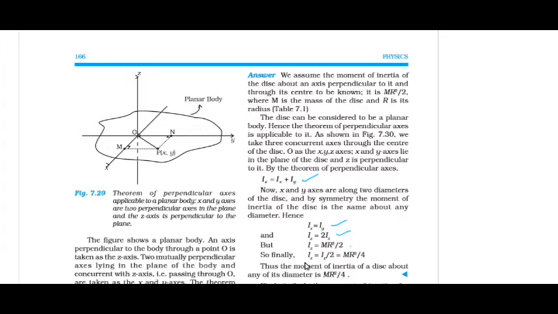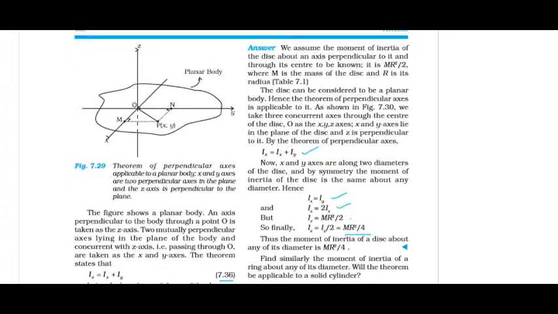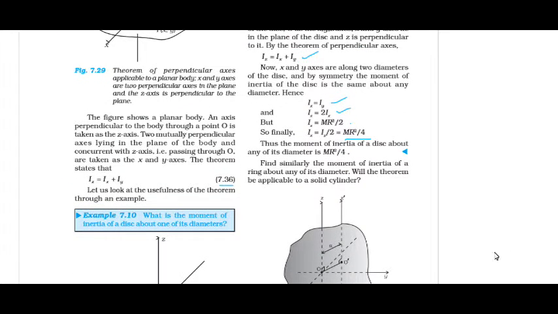Therefore, Ix is equal to Iz by 2, which is equal to MR square by 4. Thus, the moment of inertia of the disk about any diameter is MR square by 4.